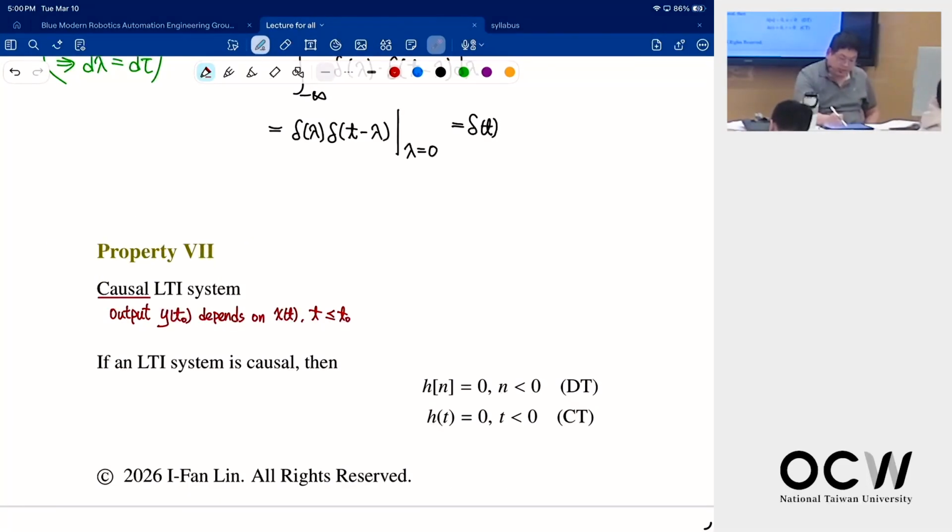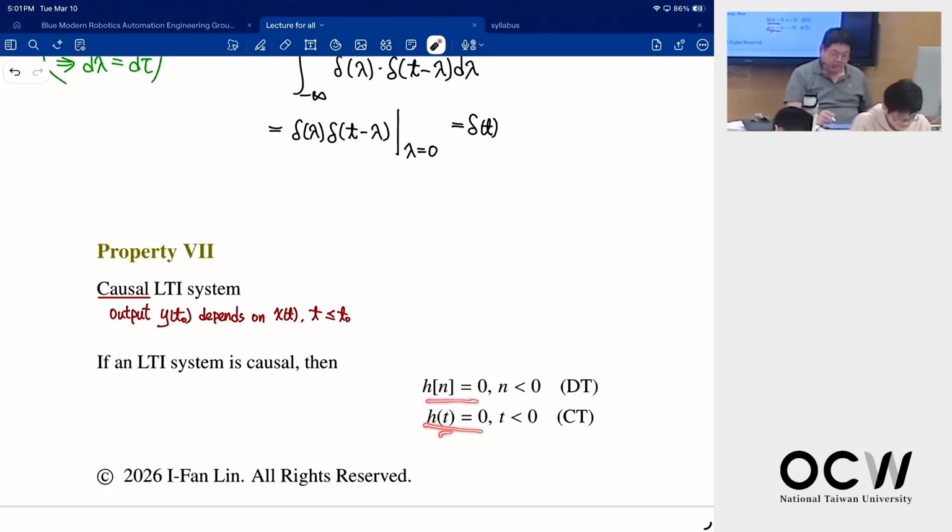So if the LTI system is causal, that means my system response is 0 when n is less than 0 for discrete time. For continuous time, t is less than 0.